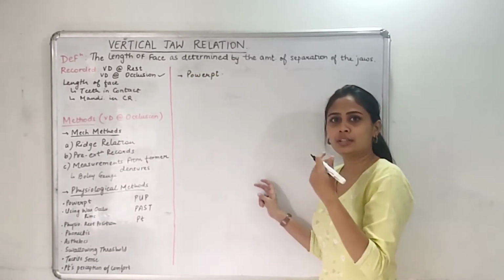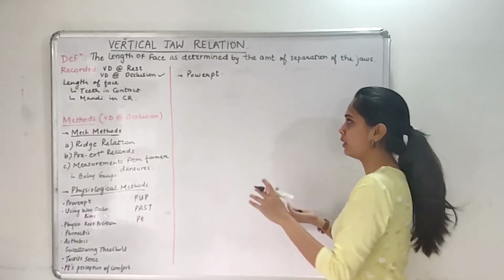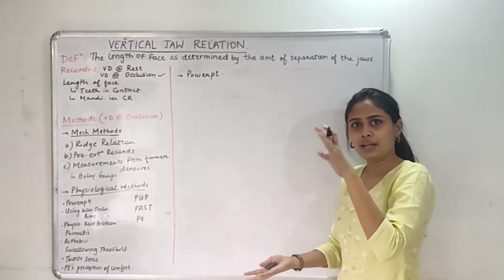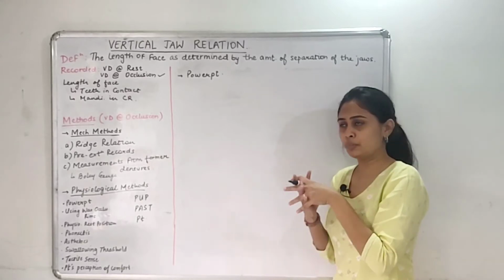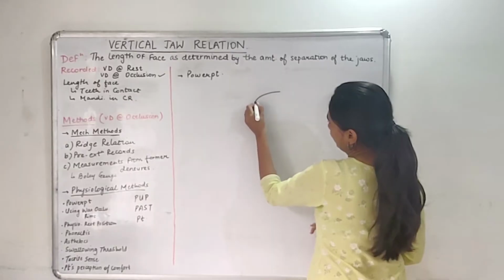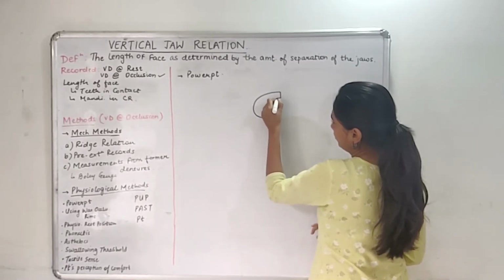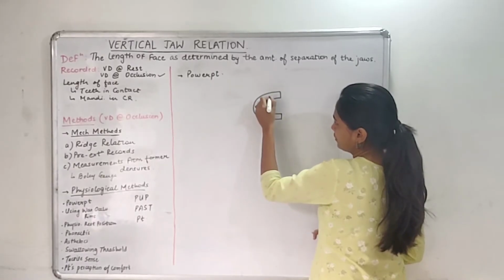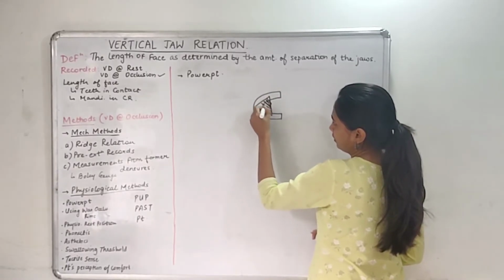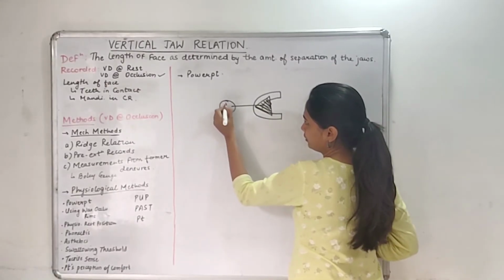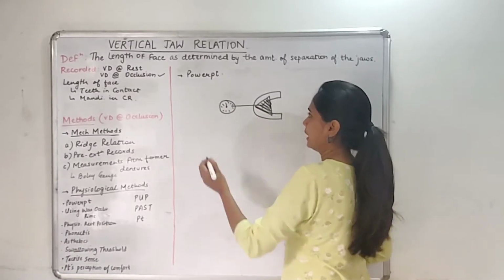Here when the rims are placed inside the mouth, we ask the patient to separate the jaw, and then the jaws are put into occlusion at different degrees of jaw separation. If this is the mandibular rim, a central bearing plate is placed, something like this, and this is connected to a biometer, which has some numbers and gauges.